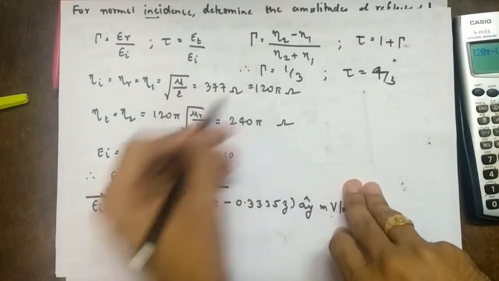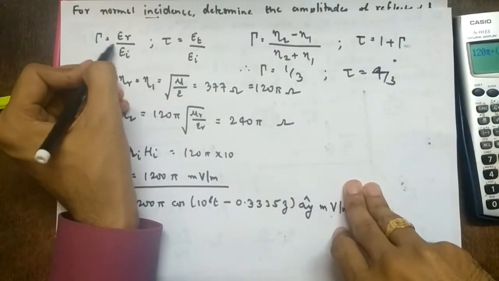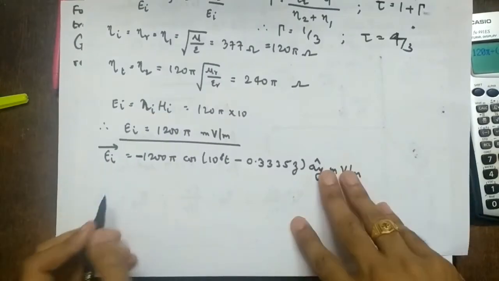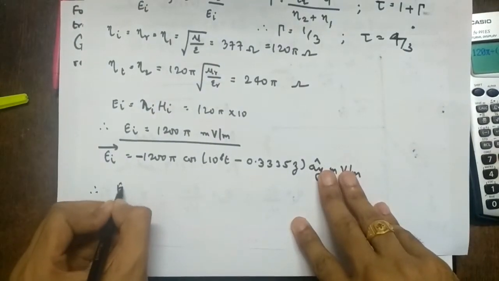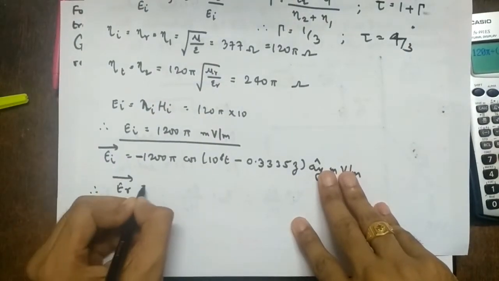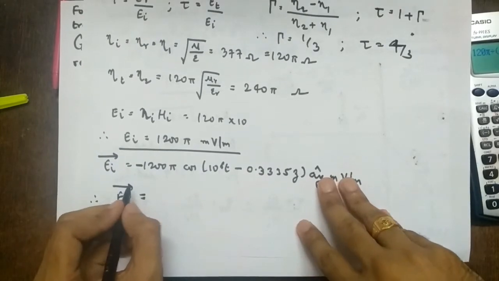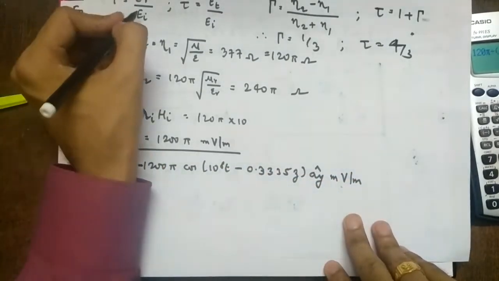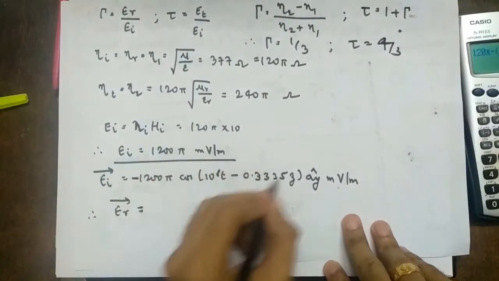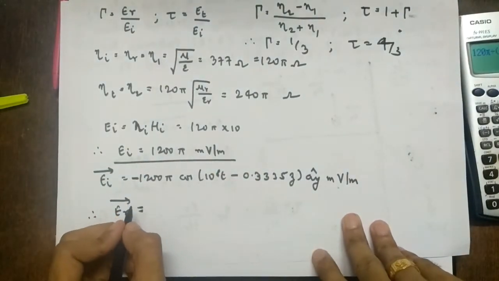So now you have gamma, you have EI, so you can find ER. So therefore ER vector will be what? Minus EI into gamma, which means just multiply this by plus 1 by 3.